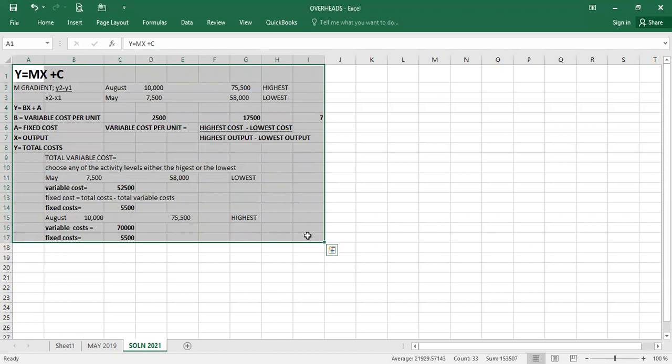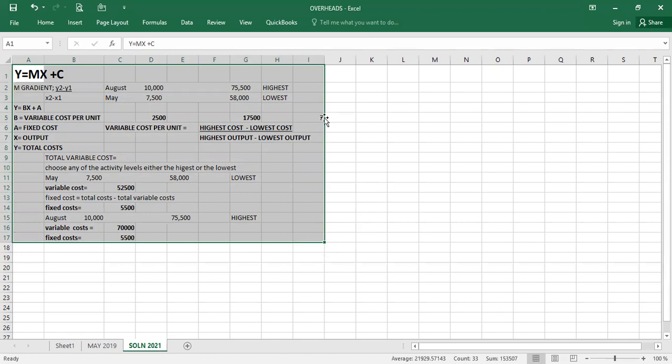The variable cost at the lowest activity level was 52,500, but when we increase the level of output, they also increased. So it means they vary in the same proportion to the level of activity, because the variable cost is 7, but we are multiplying that figure by any level of activity.